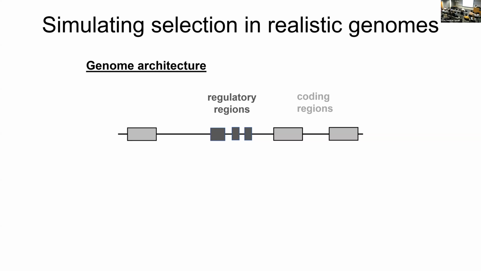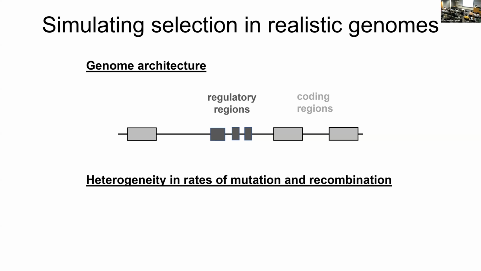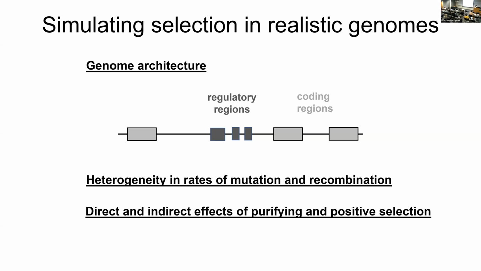We did that for both humans and for Drosophila. We added heterogeneity in rates of mutation and recombination across the genome. And then we added effects of both purifying selection and positive selection based on previous estimates from the literature. We also included things like masking.